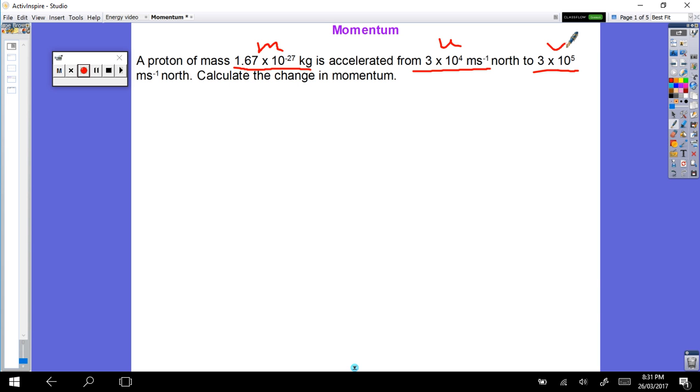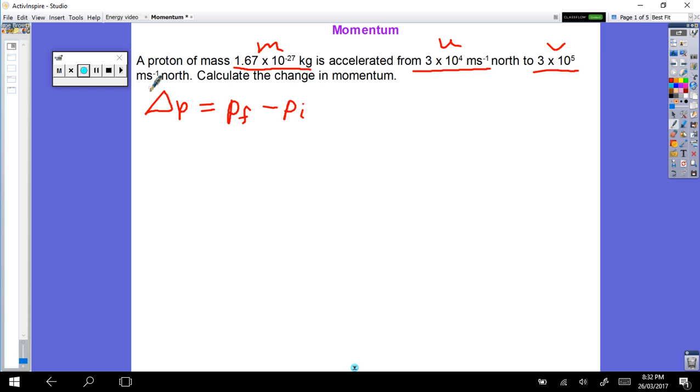So we can write down that the change in momentum equals the final momentum, which we could call p_f, minus the initial momentum. Just remember this triangle is delta. It's a Greek letter, capital delta, and it means change in, and you'll see that a lot in all sciences and maths and engineering.